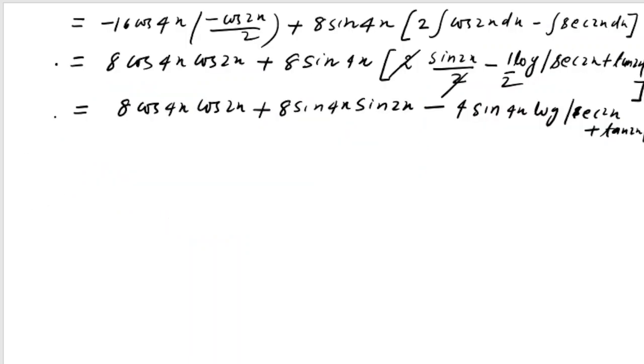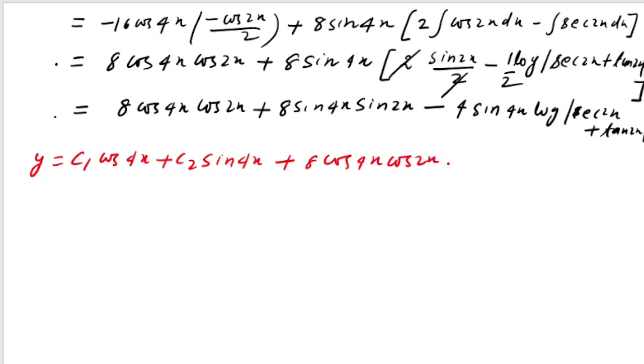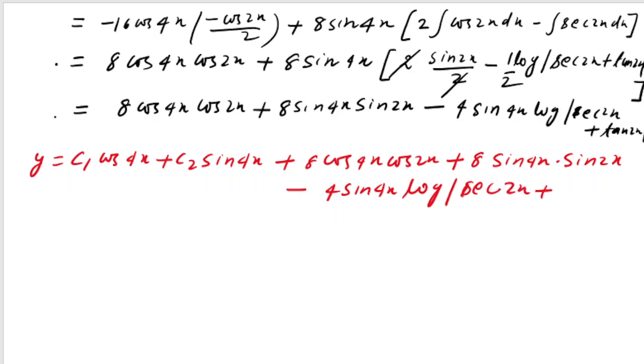So let me write the final solution, that is y is equal to C1 cos 4x plus C2 sin 4x plus 8 cos 4x into cos 2x plus 8 sin 4x into sin 2x minus 4 sin 4x log of mod of sec 2x plus tan 2x. So this is our final solution for this particular problem.